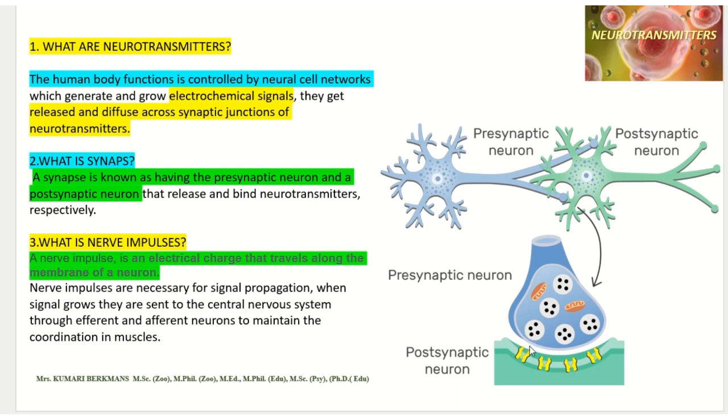the neurotransmitters will be released and received by the receptors present in the membrane of the postsynaptic neuron. This neuron is called the postsynaptic neuron, the neuron which is going to receive the neurotransmitters.